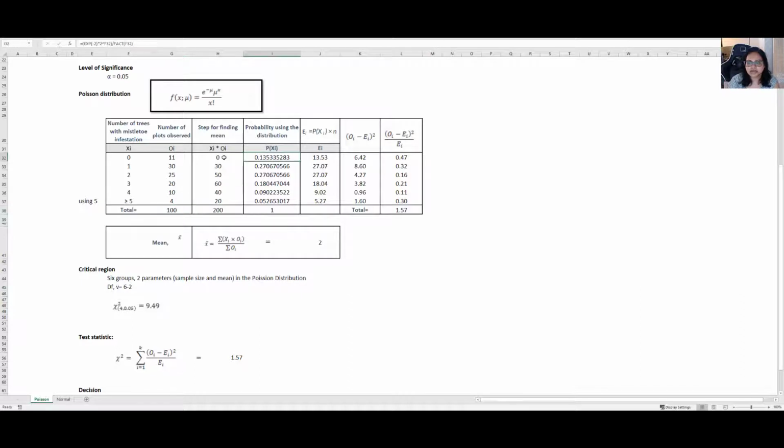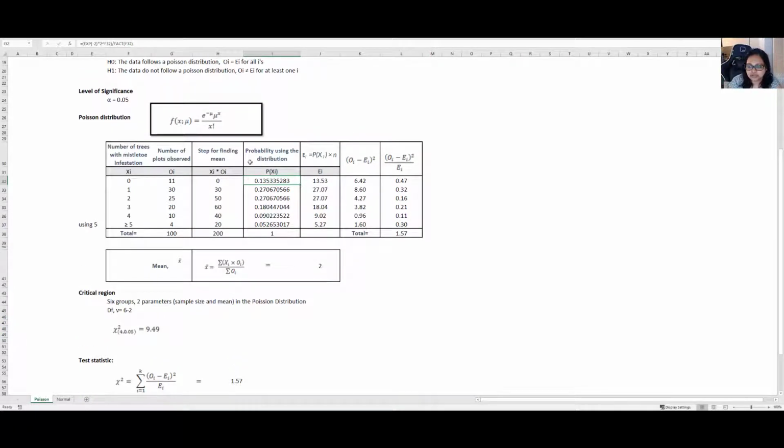And then for each of those groups, all we need to find is the probability value. To find the probability value, you only need to use this equation. In this equation, all you need to plug in is the mean. For each of those values, the mean is the same, it is constant. The mean is 2.